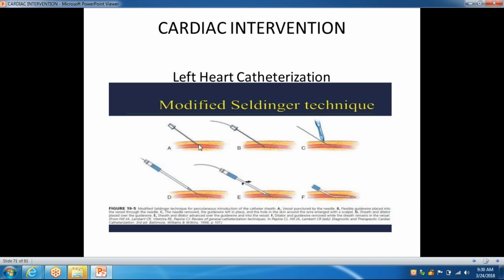So once you're in the blood vessel now, you get what we call your guide wire, and you advance. So you keep your needle in position, you advance the guide wire into the vessel. This is a wire that is not very stiff, and it shouldn't puncture the vessel, and it will run into the lumen of the blood vessel.